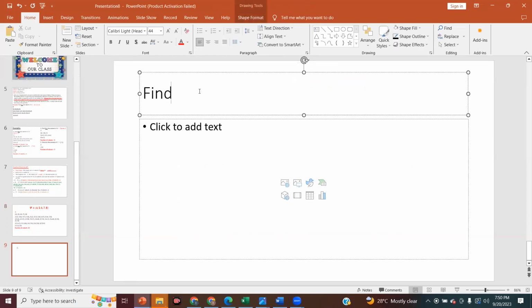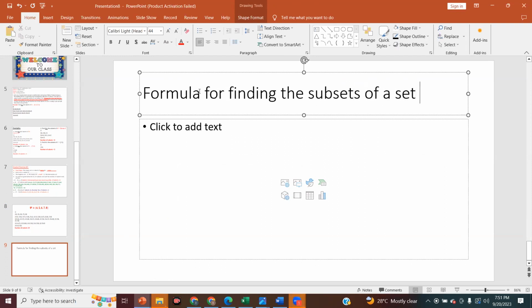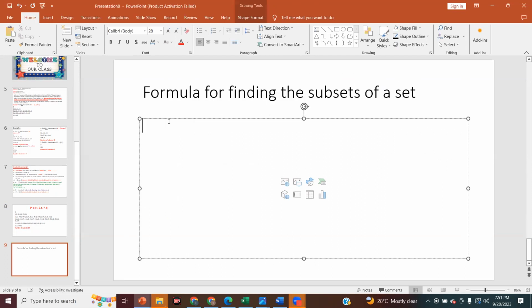So if you want to find the formula for finding the subsets of a set, this is how the formula goes.